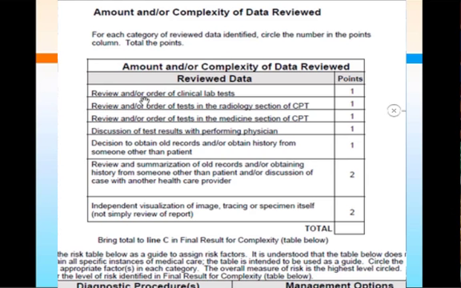And that's because you're going to give a point for clinical lab tests, things like urinalysis or strep test. So these are your 80,000 series codes. Radiology tests, like an X-ray or CT scan, would fall under the 70,000 series.